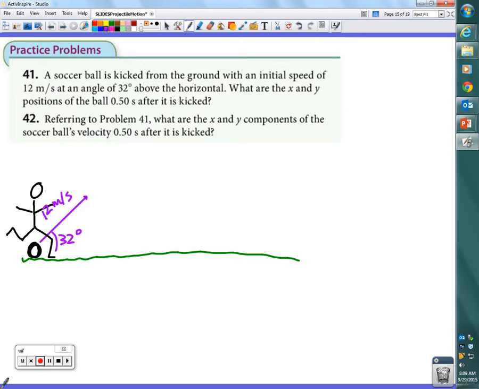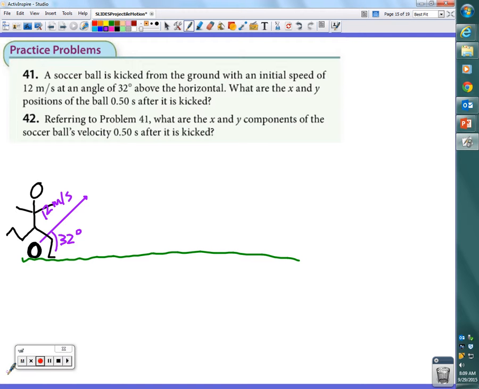Let's go here. So here's where this problem becomes a little bit different. When it becomes a projectile, when it starts moving under the influence of gravity, it is not moving horizontally like that arrow was, right? It's moving with a speed of 12 meters per second at an angle 32 degrees off of the ground.